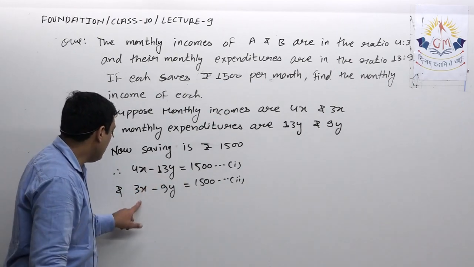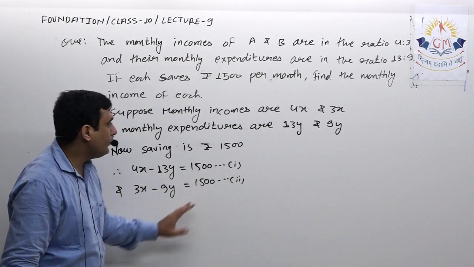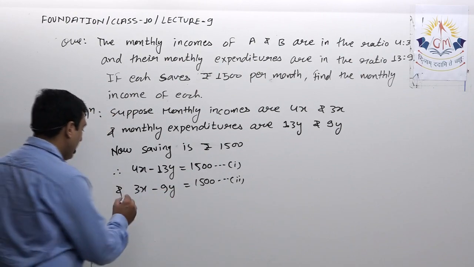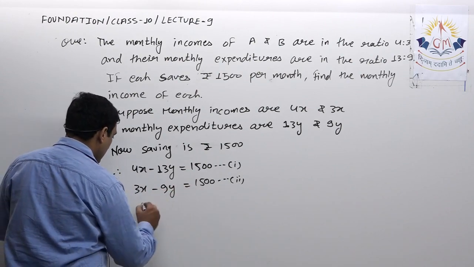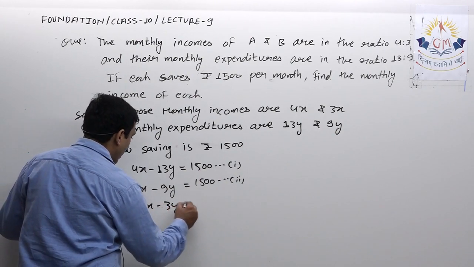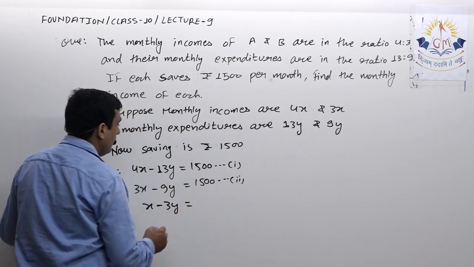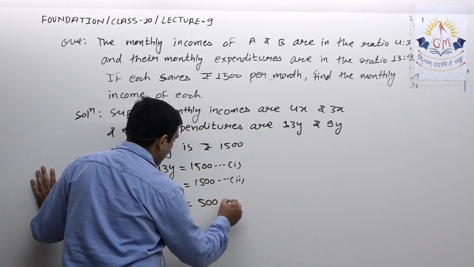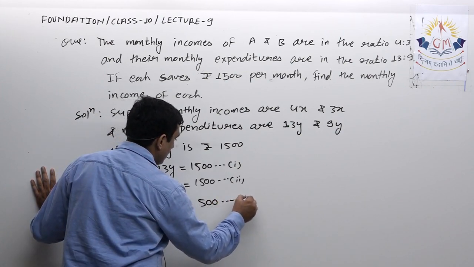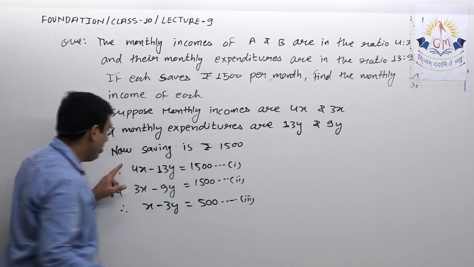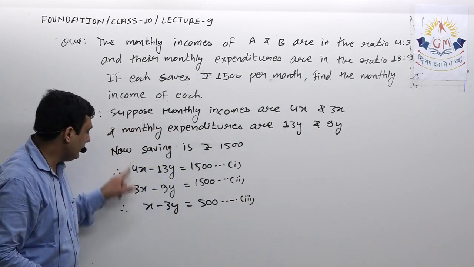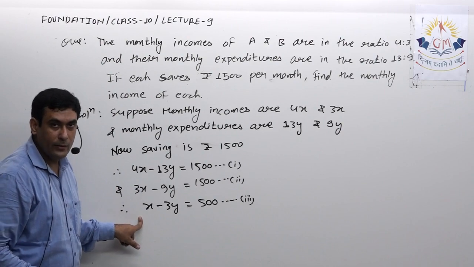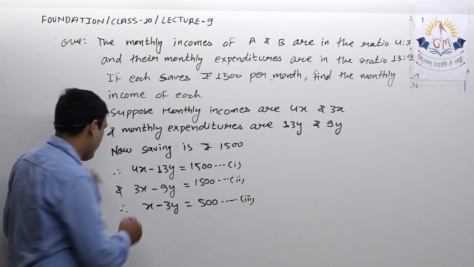See, this particular equation can be simplified further. Here I can write, by dividing by 3, x minus 3y is equal to 500. Let it be equation number 3. Now it is very easy to solve first and third. So first we'll multiply equation 3 by 4.